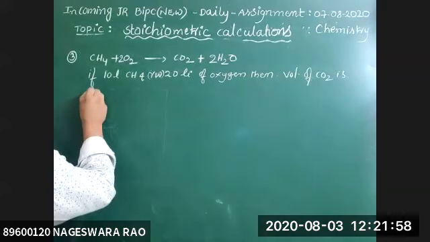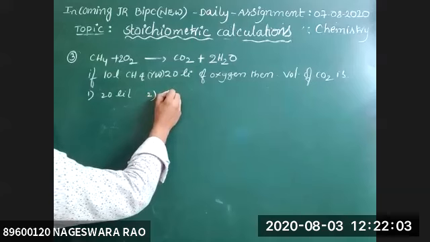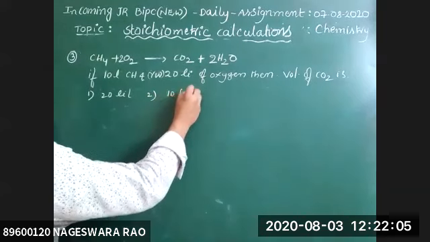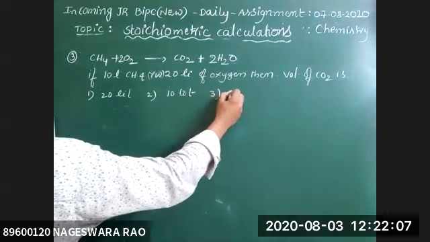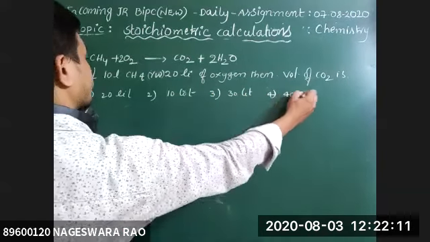Option 1, 20 liters. Option 2, 10 liters. Option 3, 30 liters. Option 4, 40 liters.